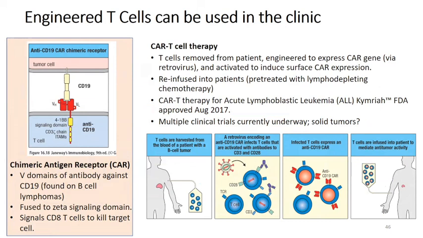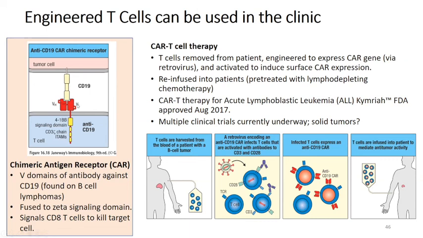We can try to make these anti-tumor T cells, trying to get T cells to kill tumors, but there is a perennial problem: you never really know what the tumor antigen is. But there are lots of tumors with a known marker. Lots of tumors like ALL, for example, express CD19. This can be used therapeutically using what are called CAR T cells. CAR stands for chimeric antigen receptor.